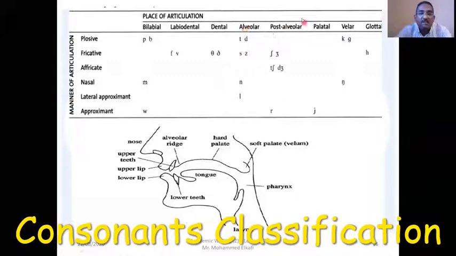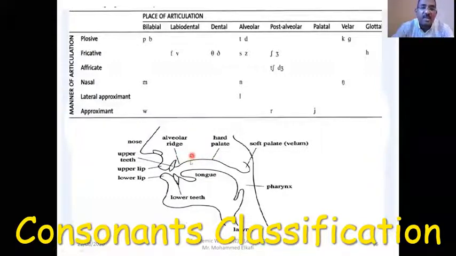And we have also the post-alveolar. Post-alveolar, this area here, we call it as what? Post-alveolar, between the hard palate and the alveolar, or between the palate and the alveolar ridge. Okay. Here we have some sounds as what? Sh and ja, also sh and ja, and also we have ra, which also comes from this area between the hard palate and the alveolar.